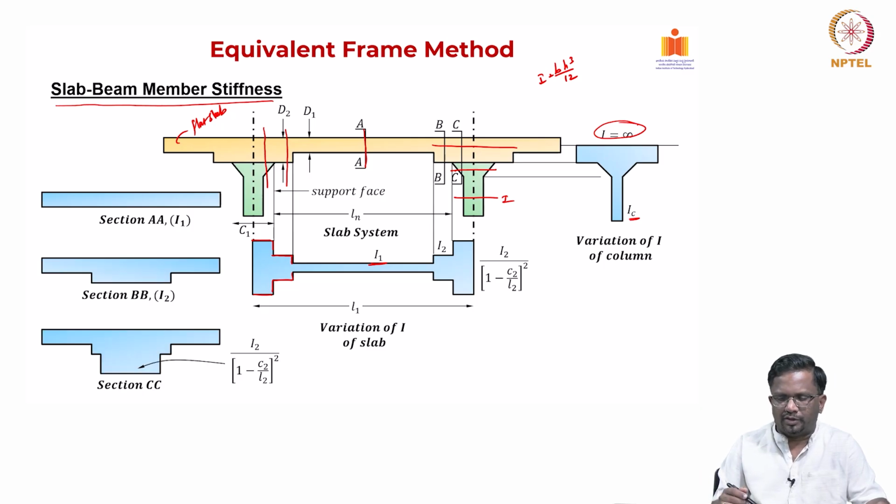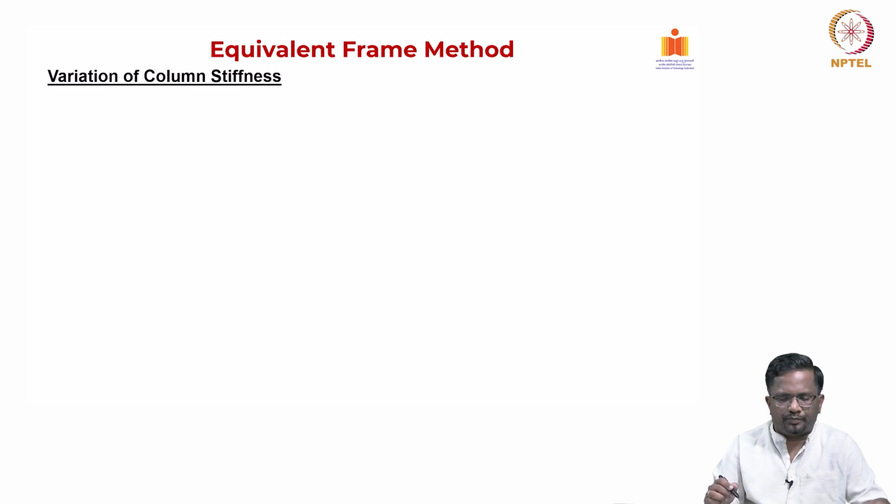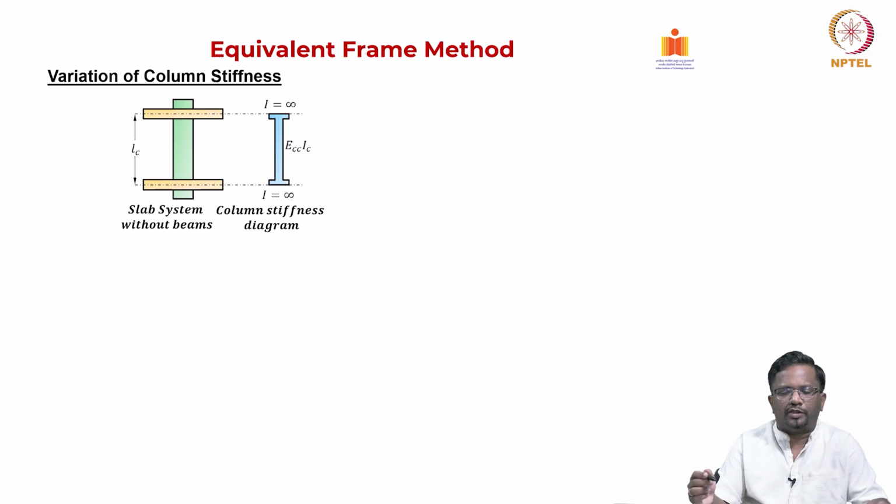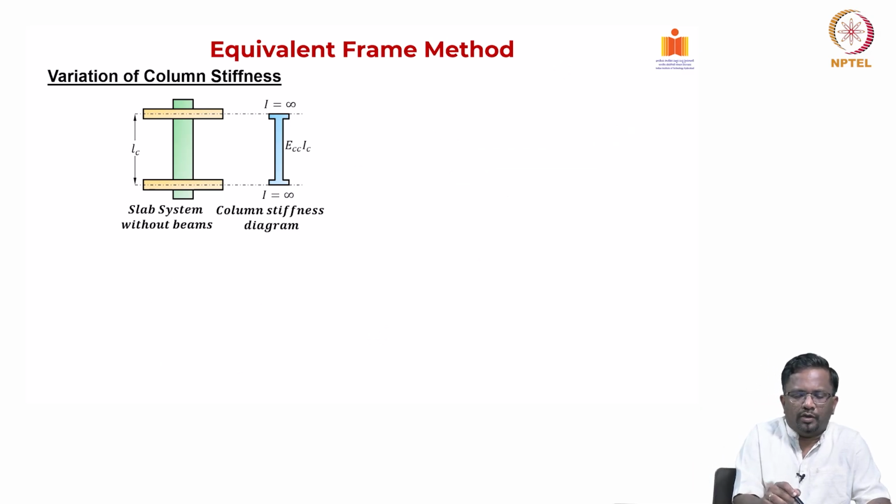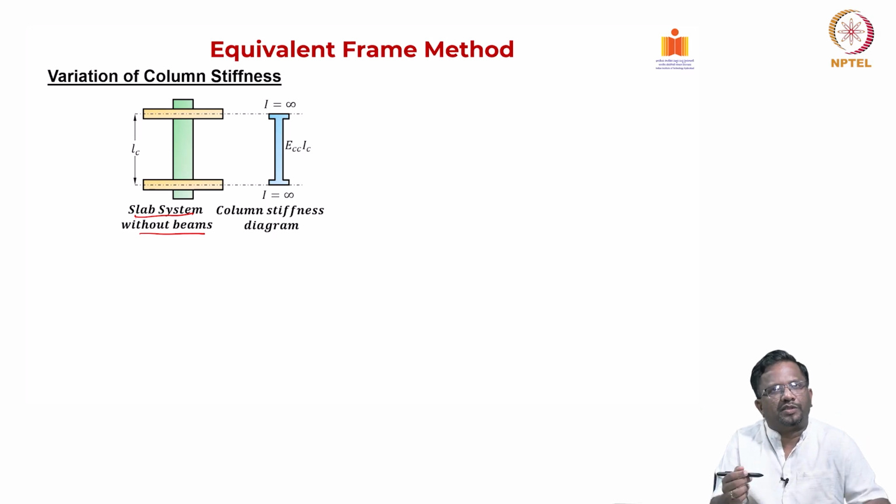Then section CC, we try to get this as I2 by 1 minus C2 by L2 the whole square, right. And then the variations of the column stiffness also we have briefly discussed. This is for a case for slab system without any beams. You see here a flat plate structure.